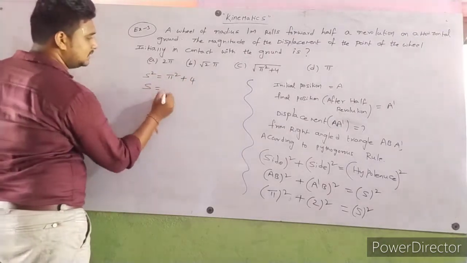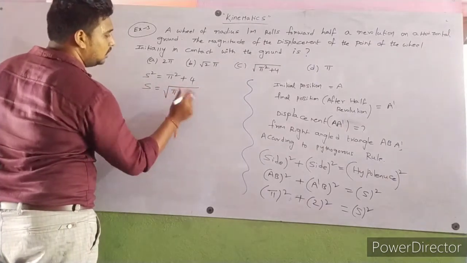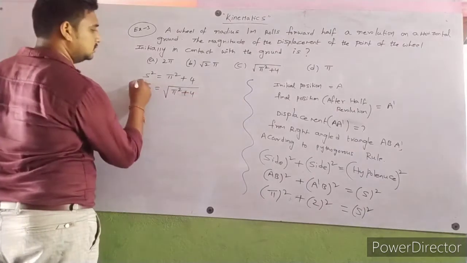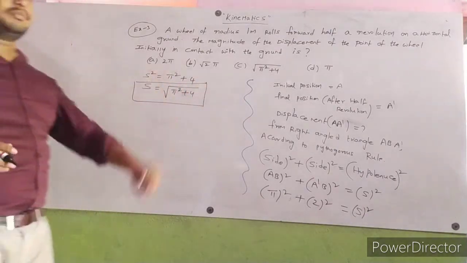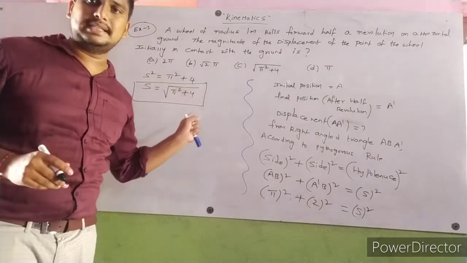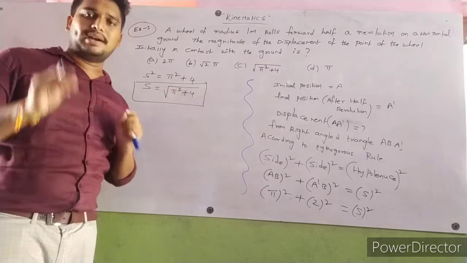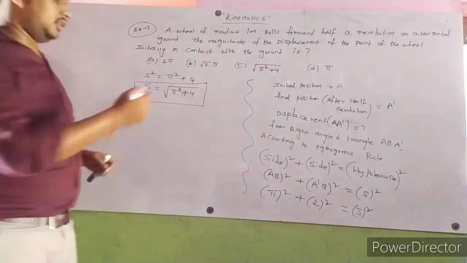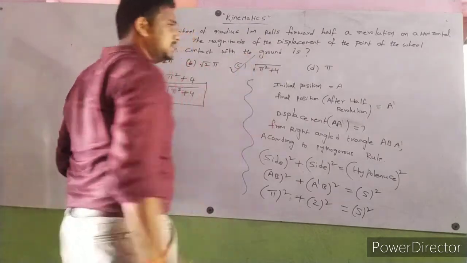Then displacement S is equal to the square root of pi squared plus 4. So the answer for this question is the square root of pi squared plus 4.